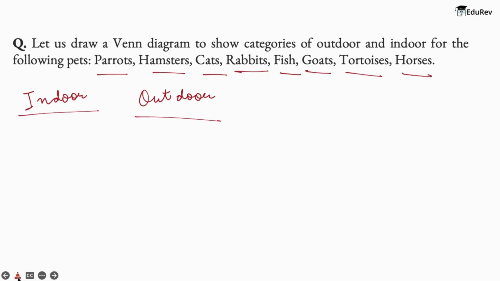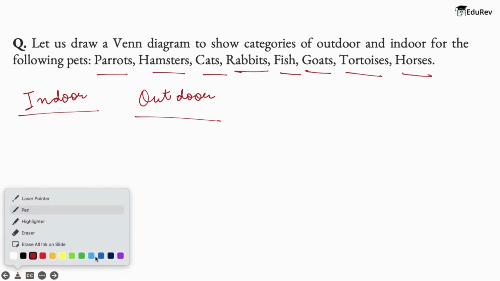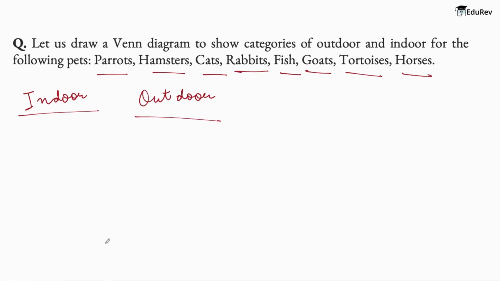So we will write the names of all the animals which are indoor, outdoor, and also which are both. When I talk about indoor, I can say that parrots are indoor, your hamsters are indoor, then your cats are indoor.